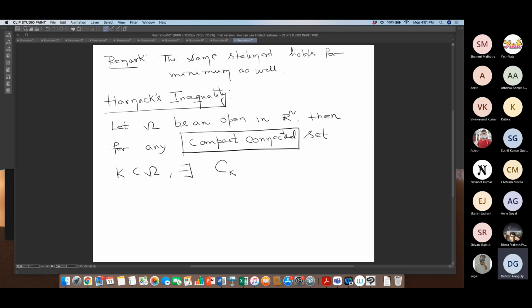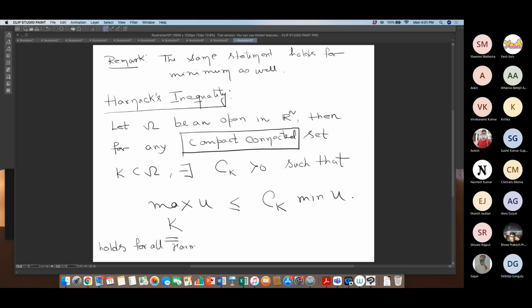It will depend only on the compact set K, such that the maximum of u can be estimated with respect to the minimum of u: max u is at most C_K times min u. This holds for all harmonic functions u in omega with u non-negative.